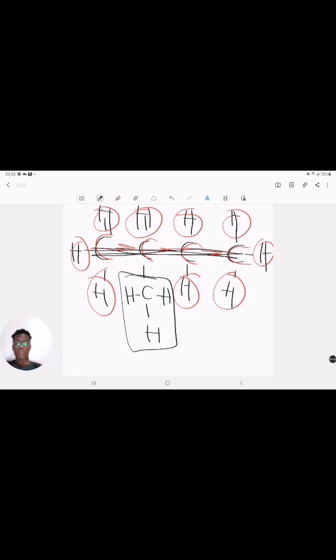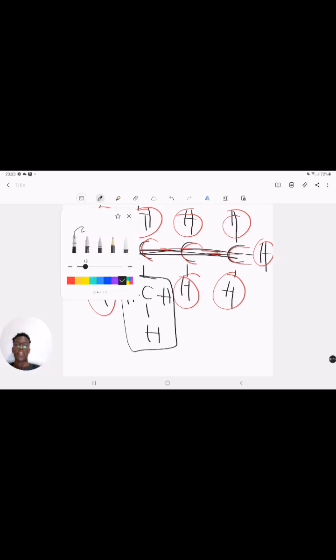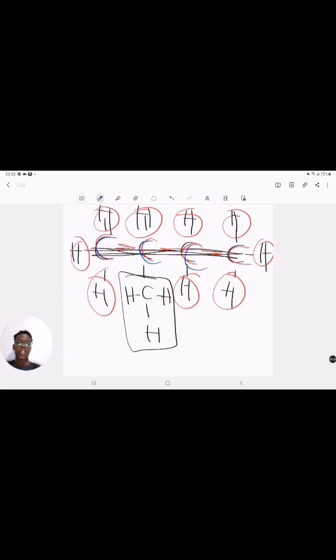What is a parent chain? A parent chain is interconnected carbon atoms that form a straight line, or a continuous line. It might not be straight, but rather a continuous line. So even here you can see that the chain has 4 carbon atoms, 1, 2, 3, 4, but it could have gone this way, 1, 2, 3, 4.